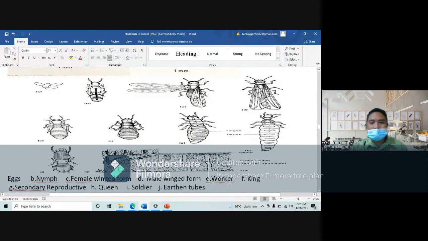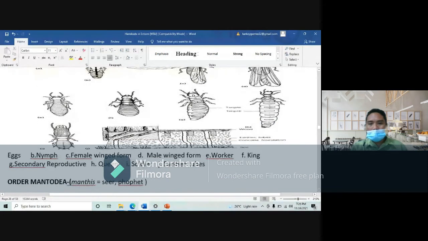Okay, secondary reproductive. And this one is the queen of the termite. Okay, this also is the soldier. Okay, and this one is the earthen tubes where the termites lived.